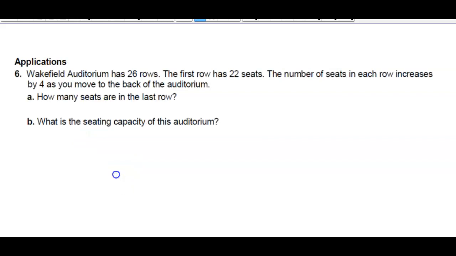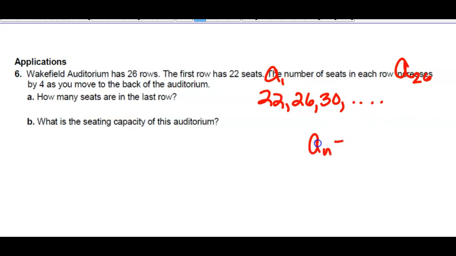So this is an application problem. It says Wakefield Auditorium has 26 rows. The first row has 22 seats. And then the number of seats in each row increases by 4 as you move towards the back. So we have 22, 26, 30, etc. This is term 1, and we're supposed to find the 26th term, or how many seats are in the 26th row.